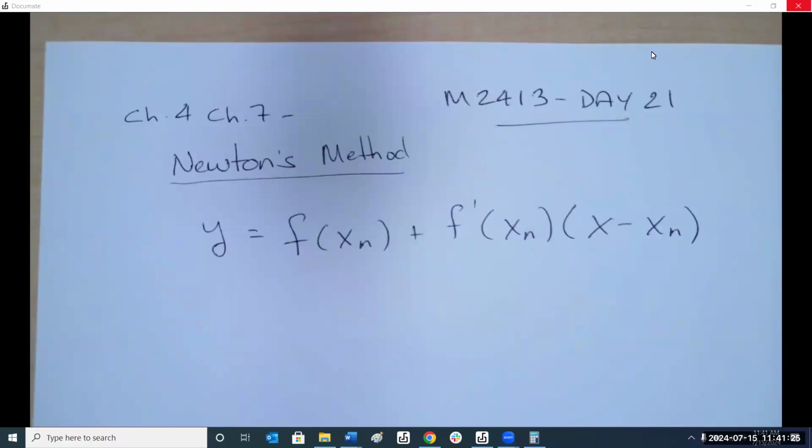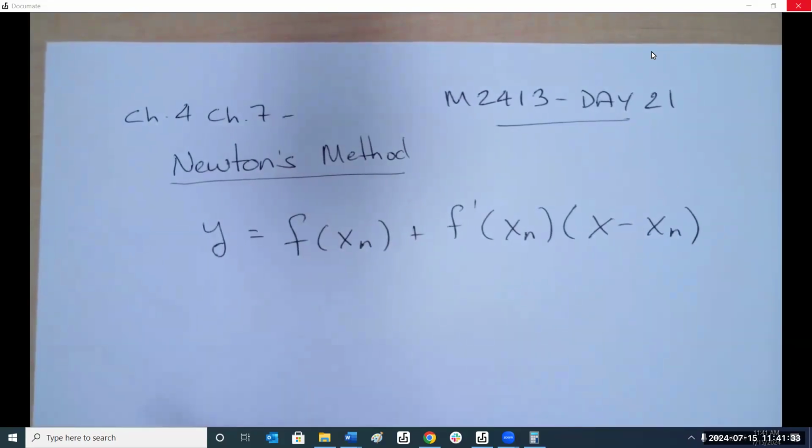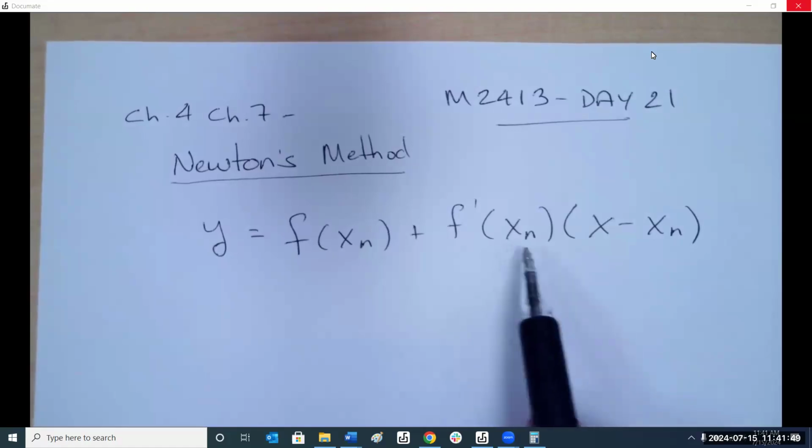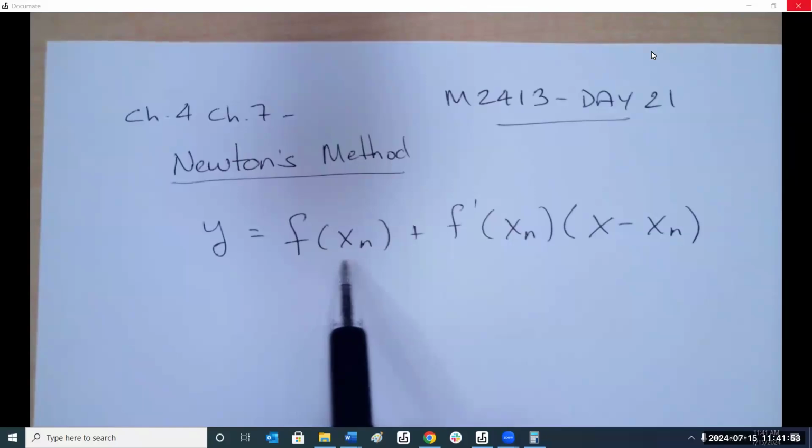If you think about it, this is an equation of a line. It kind of looks like the point-slope form. Yeah, very much so, because you have the slope, you have a point here because it's x minus x sub n, and then this could be the y-intercept.